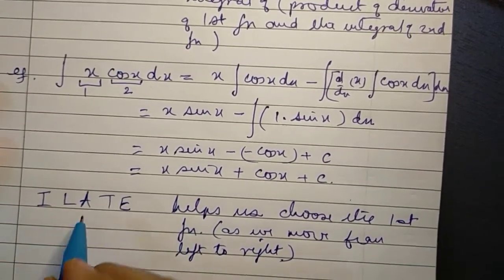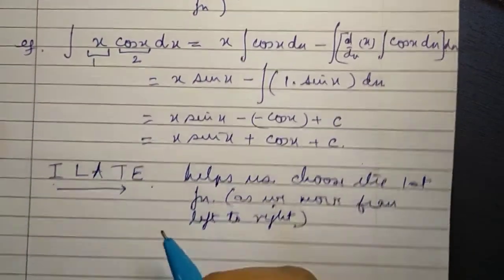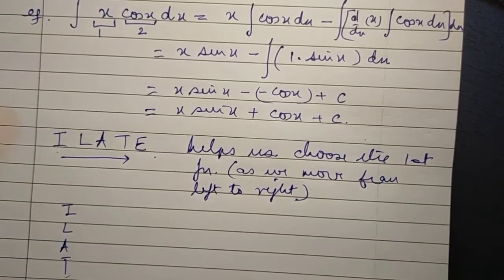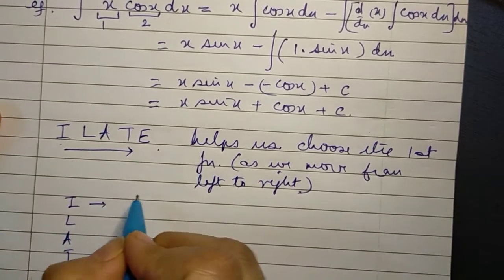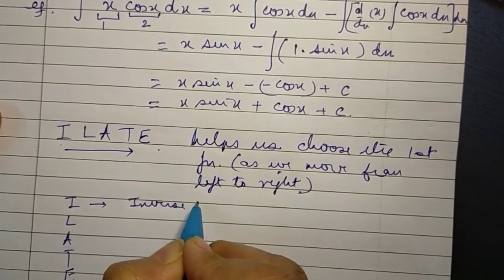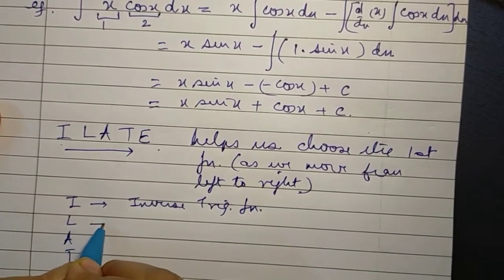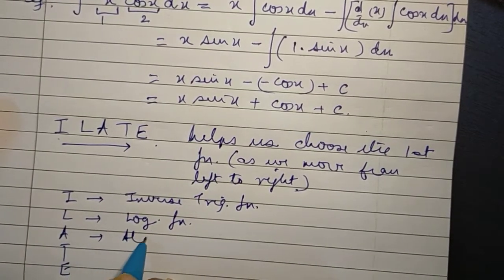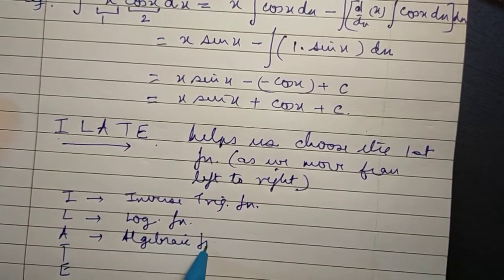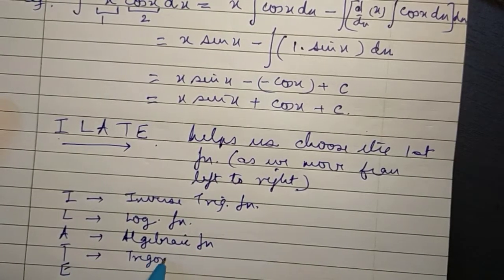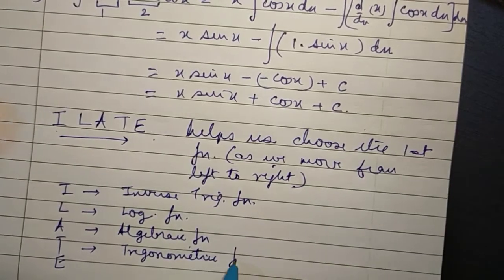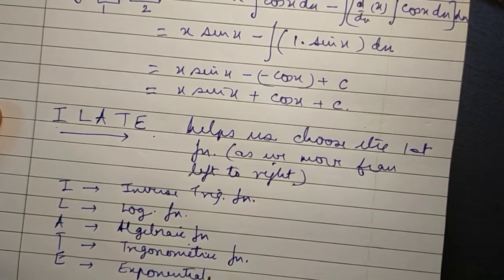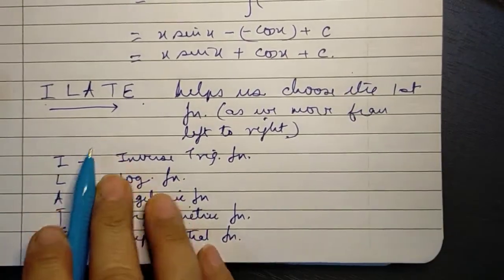Now ISLATE stands for: I means inverse trigonometric functions, L means logarithmic functions, A means algebraic functions, T means trigonometric functions, and E means exponential functions. Now what is the use of ISLATE?